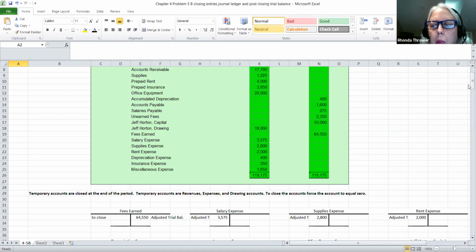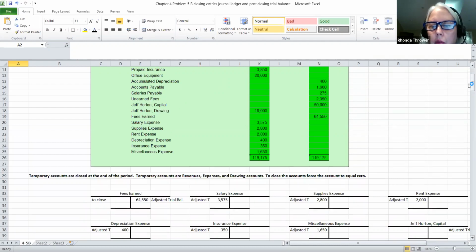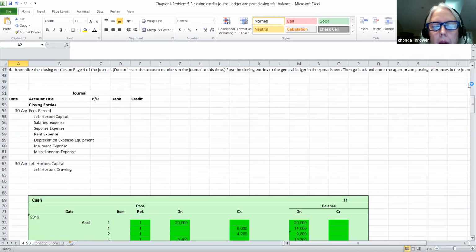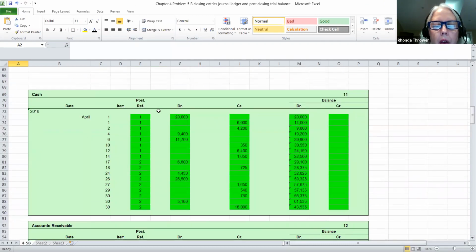There are several places where you could get the information to record your closing entries. You could get it from your income statement or your statement of owner's equity, from your adjusted trial balance, which I've got for you here, or from your ledger, which I also copied down here for you.